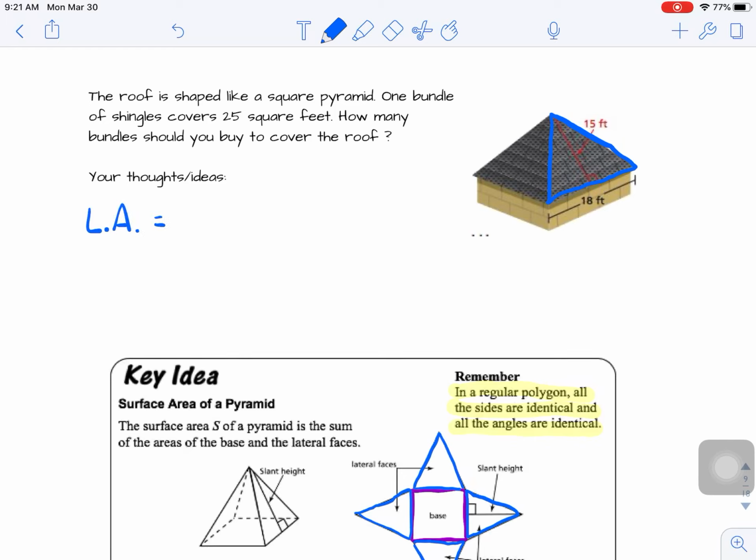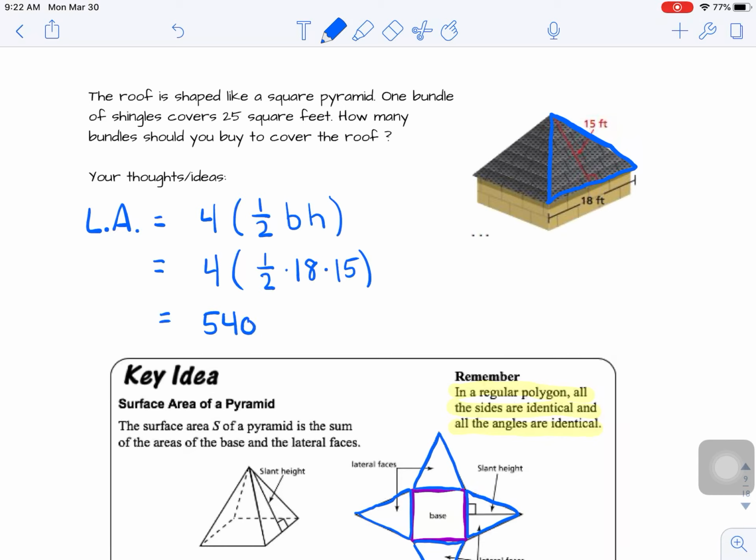The lateral area is 4 triangles, and the formula for a triangle is half base times height. If we plug in the information given, we get 1/2, the base is 18, and the height is 15. We can multiply that out using a calculator, and we get a total of 540 feet squared.